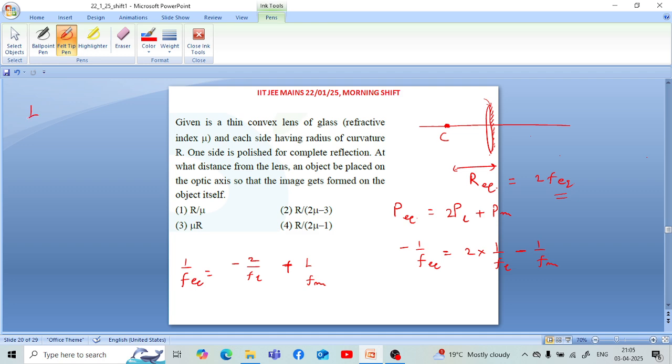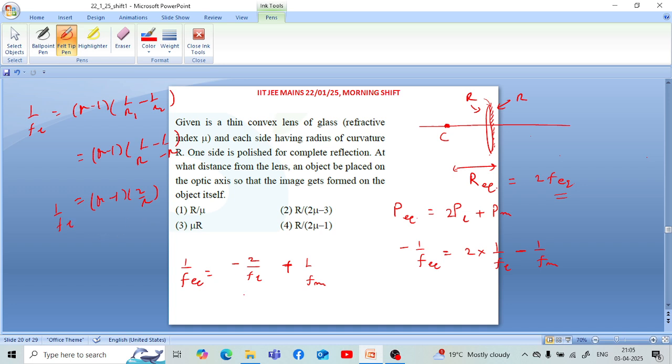Now, focal length of the lens is calculated by 1 upon FL equals mu minus 1 times 1 upon R1 minus 1 upon R2, for the lens we know. And in this problem it is given that the radius of curvature of both sides is R. So, using the sign convention, 1 upon R minus 1 upon R, or we can say mu minus 1 times 2 upon R, this is 1 upon FL.